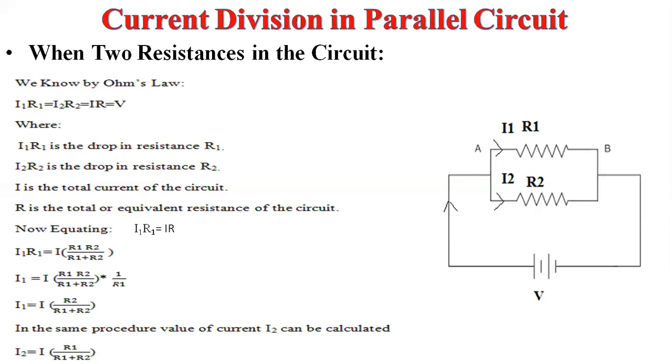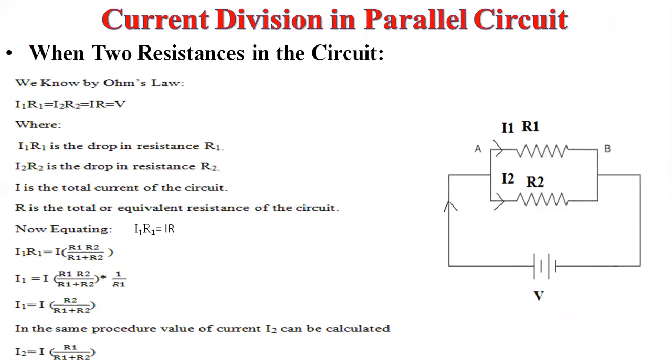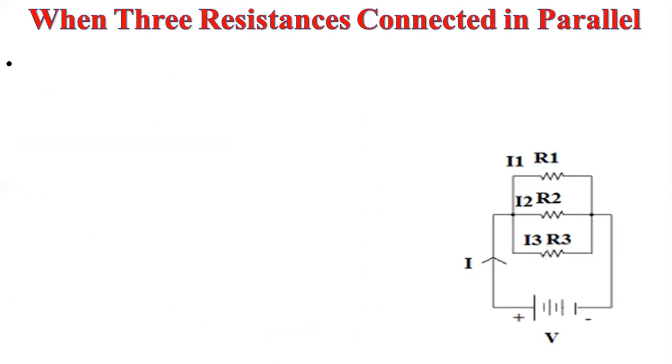Now our second topic is how to calculate the current if we have more than two resistances connected in parallel. In the previous topic we had two resistances and two currents. In this topic we have more than two resistances connected in parallel.